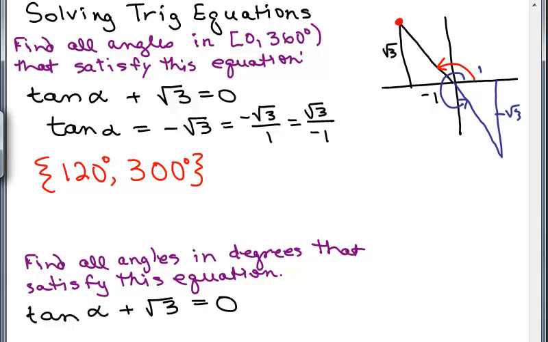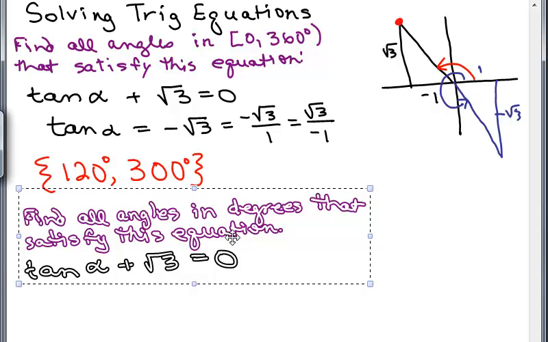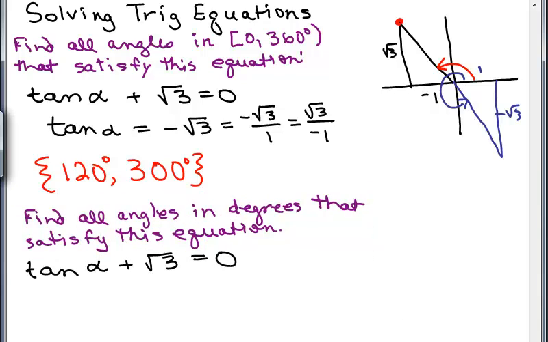So when we're thinking about the second problem, we could consolidate by starting with 120 and adding pi k, as opposed to separating this out and saying we're going to do 120 degrees plus 360 degrees k to get another coterminal angle, and then also 300 degrees plus 360k to get another coterminal angle.